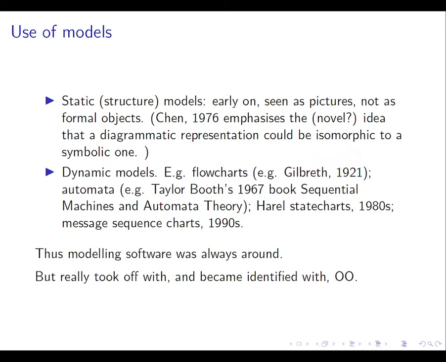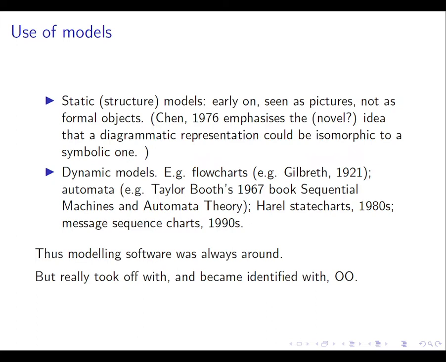Harel state charts were invented in the 1980s and have been enormously influential, including on UML itself, and similarly message sequence charts, which began in the telecoms industry and are now in the guise of sequence charts in UML and elsewhere, much more widely used across the software engineering domain.